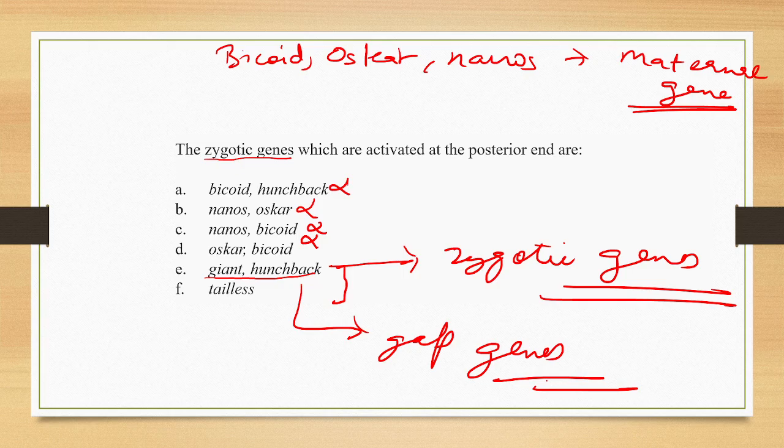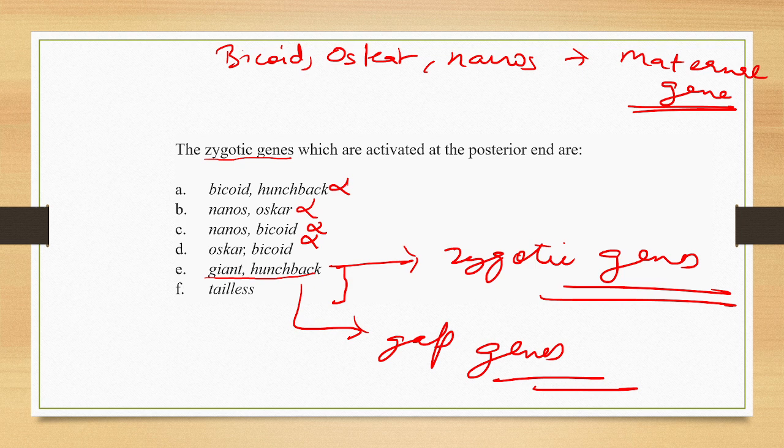Fine. So these three are zygotic genes. One thing is confirmed, that these are not maternal genes. These are zygotic genes. Now we have to see whether these genes are really involved in posterior end activation, that is, whether they are really present in the activated posterior or not.